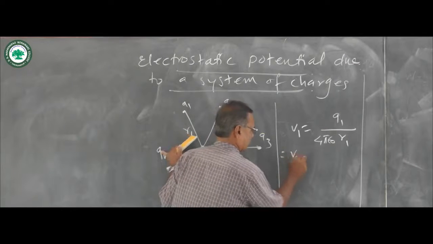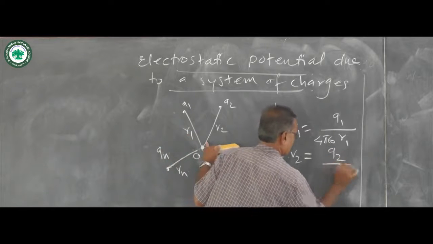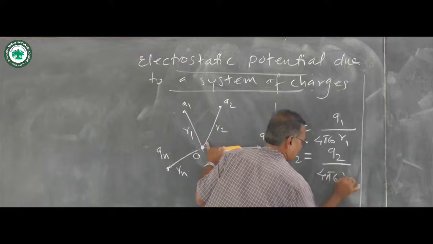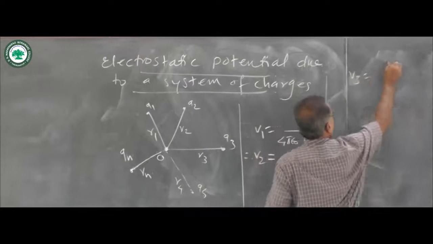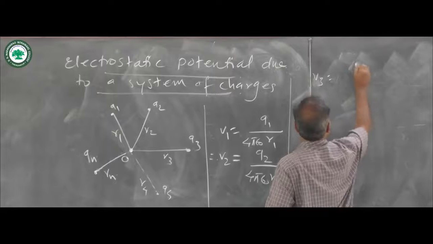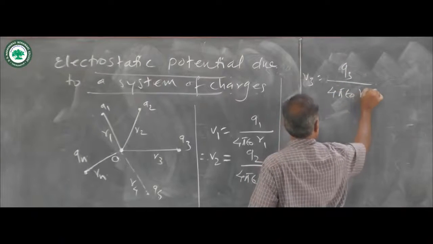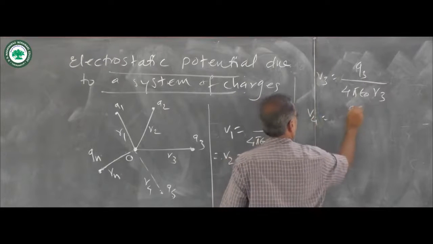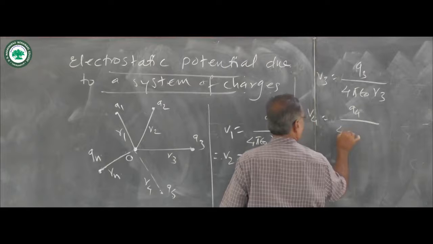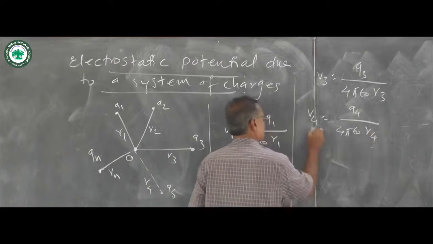The potential for Q2 is V2, Q2 by 4 pi epsilon naught R2; V3 is Q3 by 4 pi epsilon naught R3; V4 is Q4 by 4 pi epsilon naught R4.